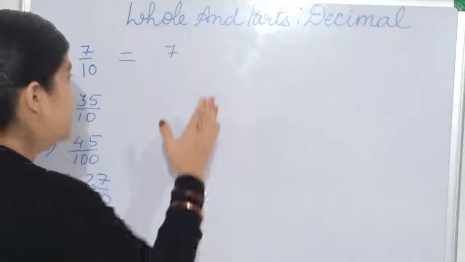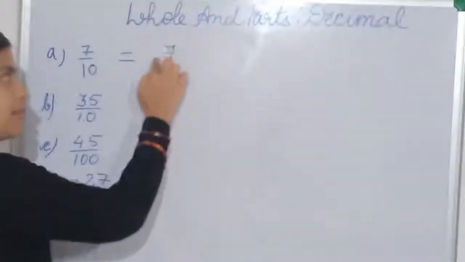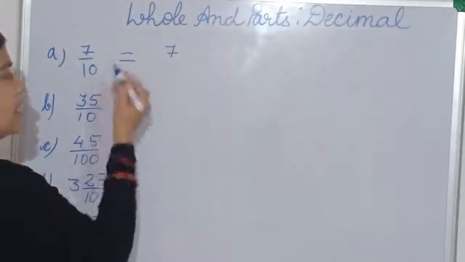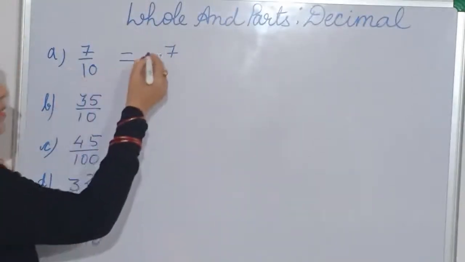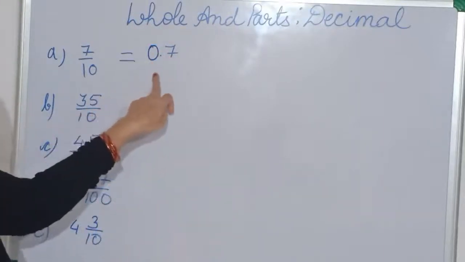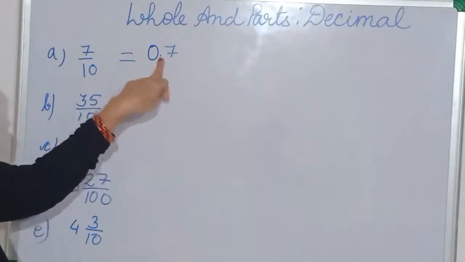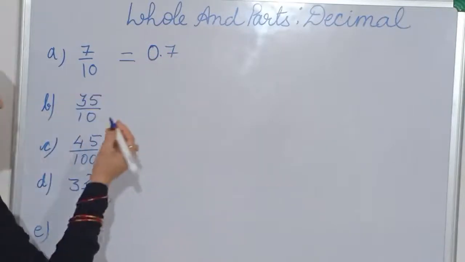From this direction, the first place is this. And after that I have to put the decimal because there is only 1 zero. To make it clear I am putting 0. Now it is clear, the point is there. So it is 0.7.